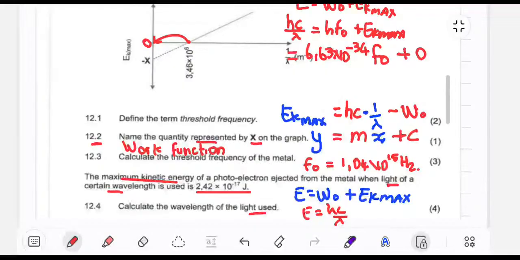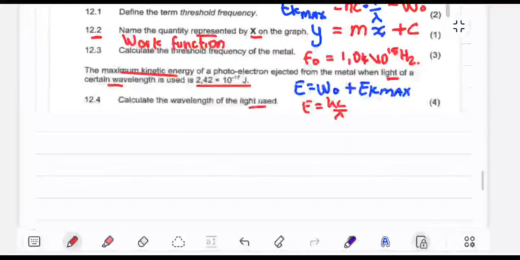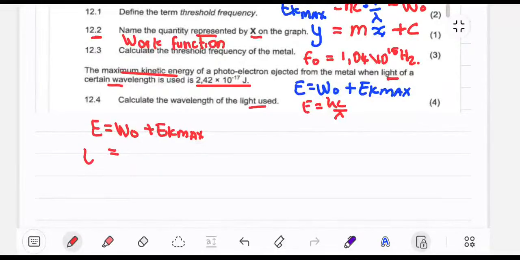So we'll quickly do it. E equals W naught plus EK max. So I'll say E equals HF naught plus EK max.